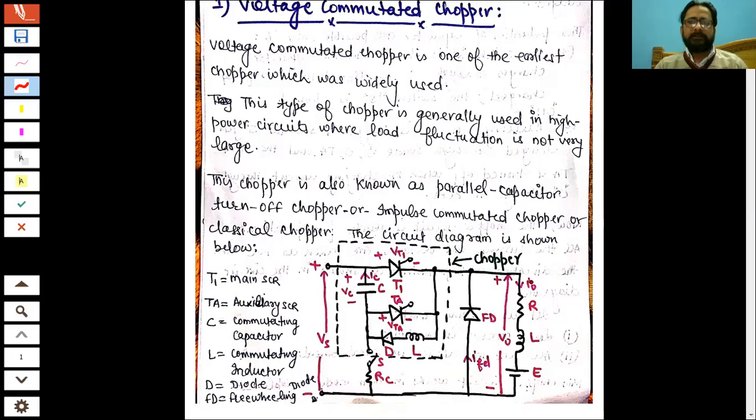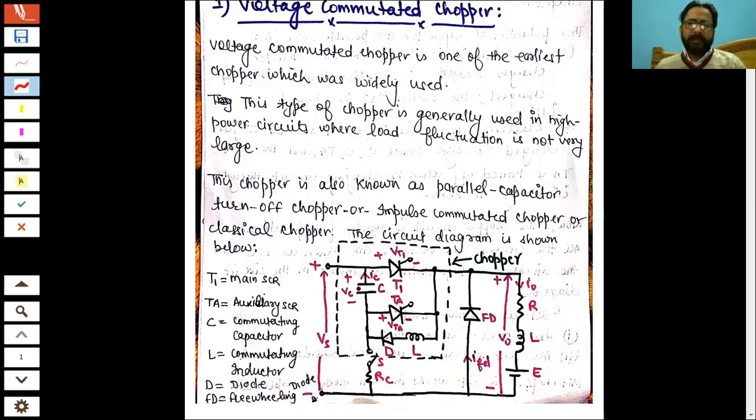If the direction of voltage and current is positive with respect to the reference, there has to be some reference basically. Okay, positive and negative with respect to some reference. So current is positive when it flows from source to load, and voltage is positive when the upper terminal of load is positive with respect to the ground terminal or negative supply. Right?